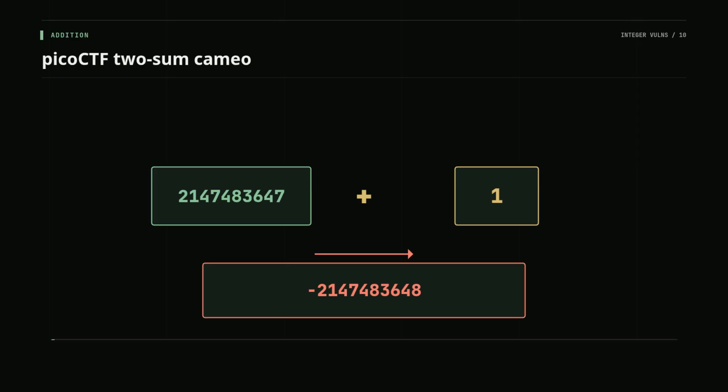In school arithmetic, that is 2,147,483,648. In a 32-bit signed interpretation, the wheel crosses the edge and lands on -2,147,483,648. The sum did not become logically smaller. The container was too small.